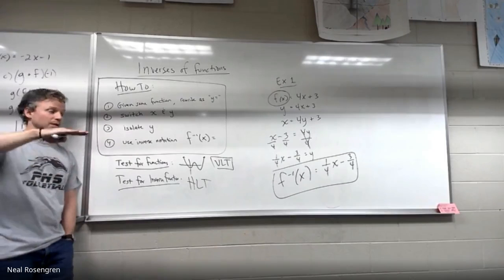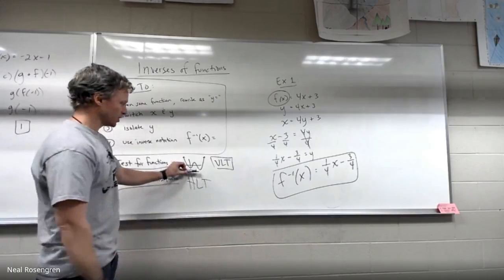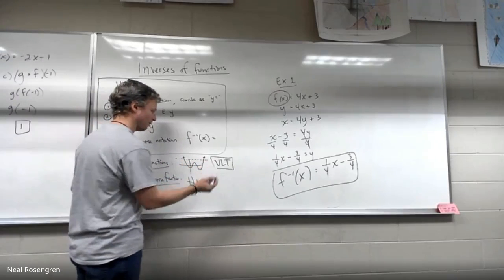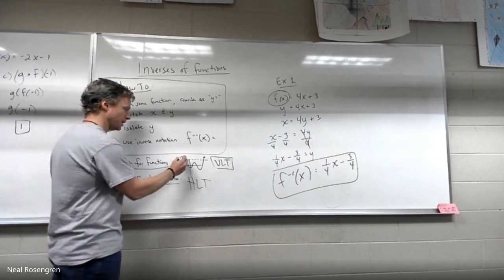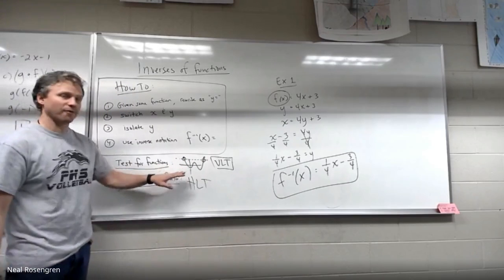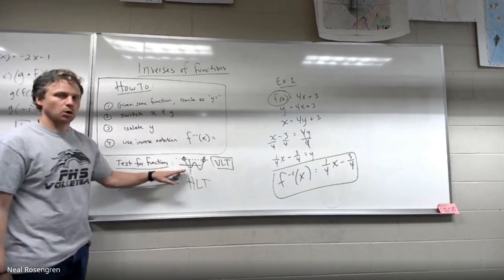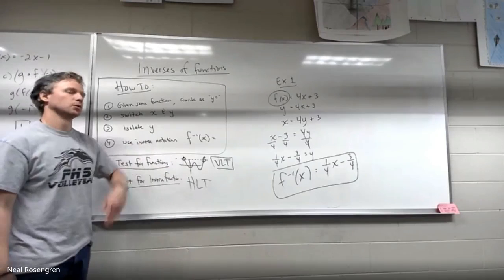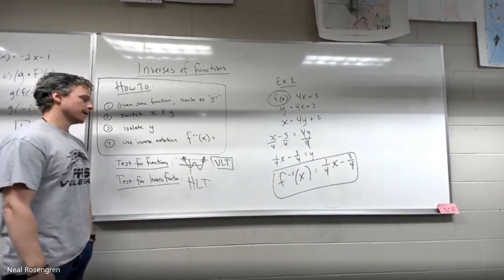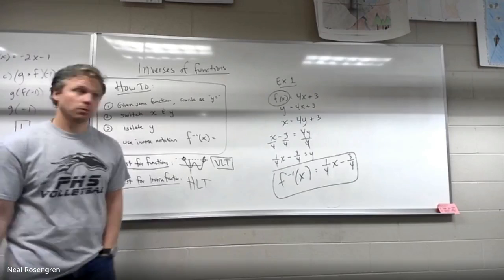I take a horizontal line and I pass it through. So this one would fail, right? Draw a horizontal line through this graph. There's one of many spots right there where it would hit it more than once, okay? So this graph is not going to have an inverse whose graph is a function. So there you go.